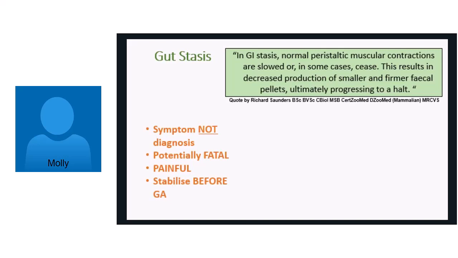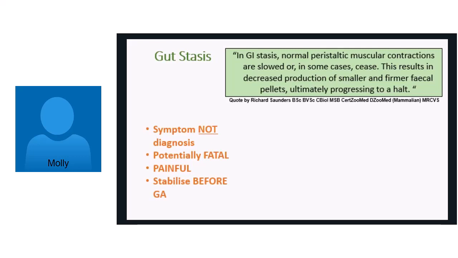And he states that it is where normal peristaltic muscular contractions are slowed or in some cases cease, resulting in decreased production of smaller and firmer fecal pellets, and this ultimately stops. So you can see that, in terms of our patients, this can have some quite significant consequences.